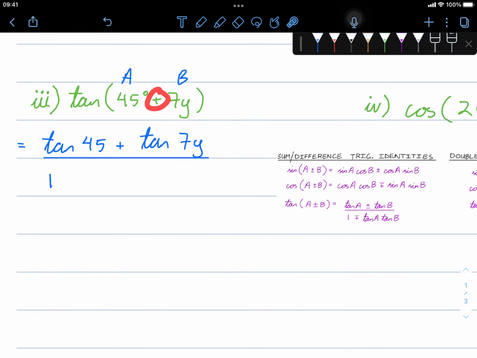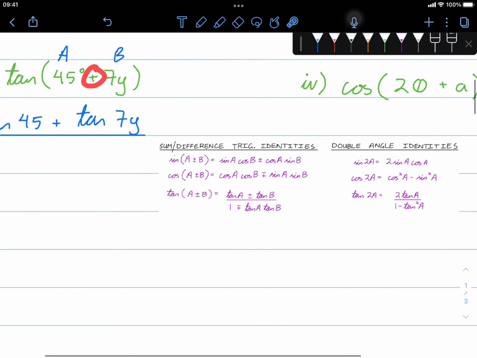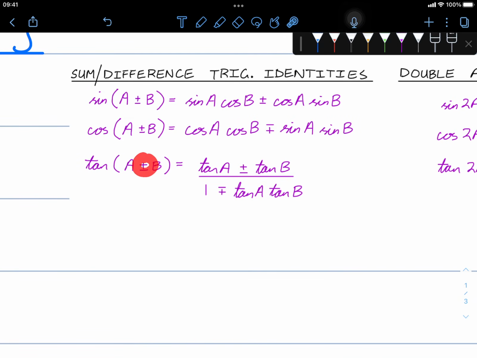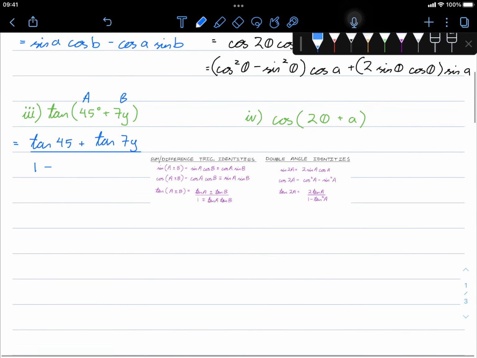Since this is a plus, if you take a close look, if tan is the sum plus, we take the minus instead. So 1 minus tan 45 tan 7y.